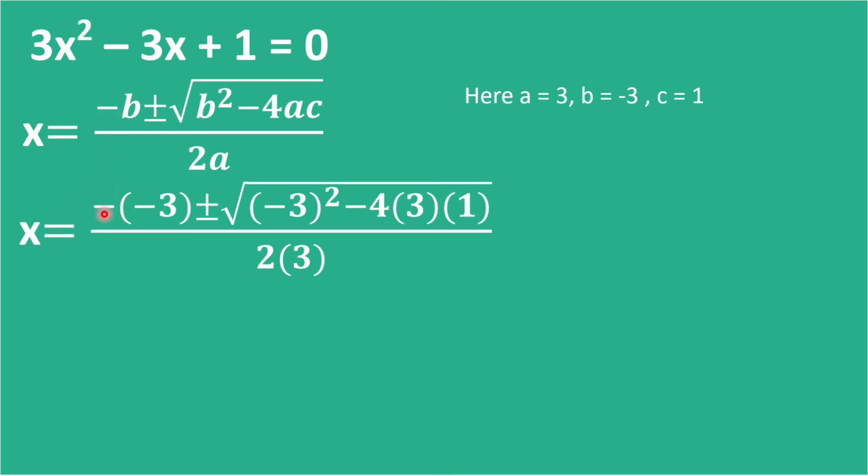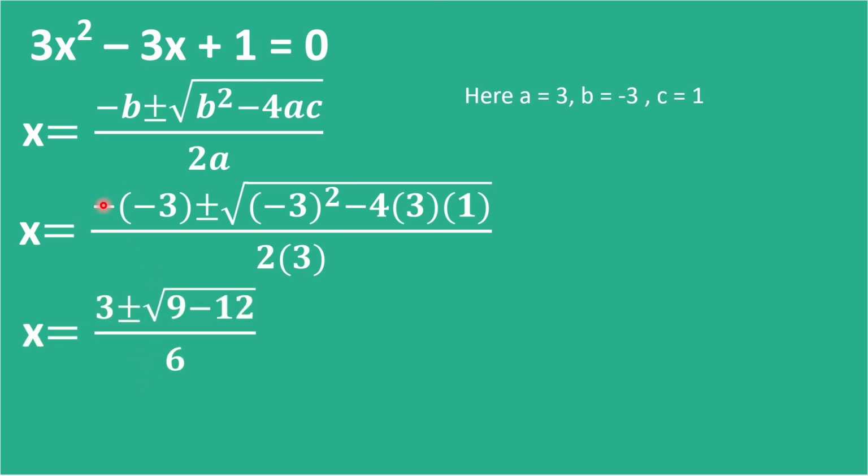So this will become −(−3) ± √((−3)² − 4 × 3 × 1), divided by 2 × 3, because a = 3, b = −3, and c = 1.